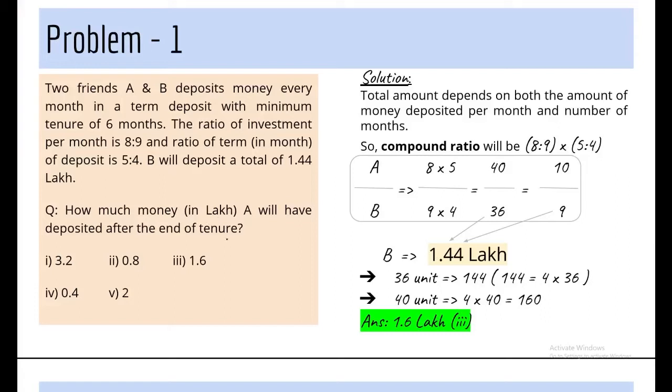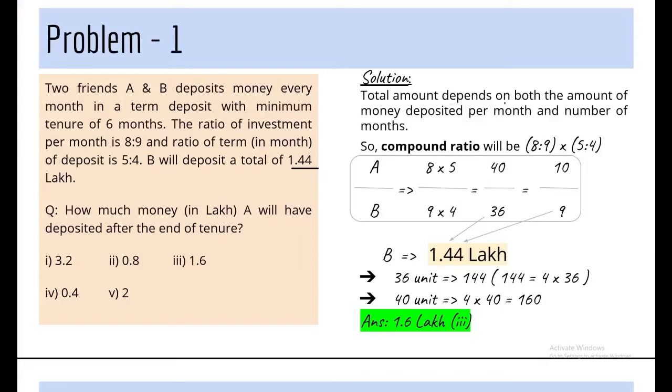The question is how much money A deposited after the end of the tenure. We don't know the total tenure, and we don't know the amount of money deposited every month, but we know how much money B deposited in total, that is 1.44 lakh.